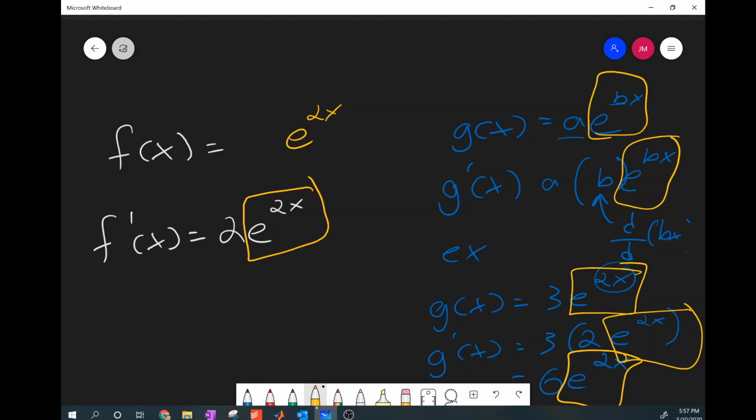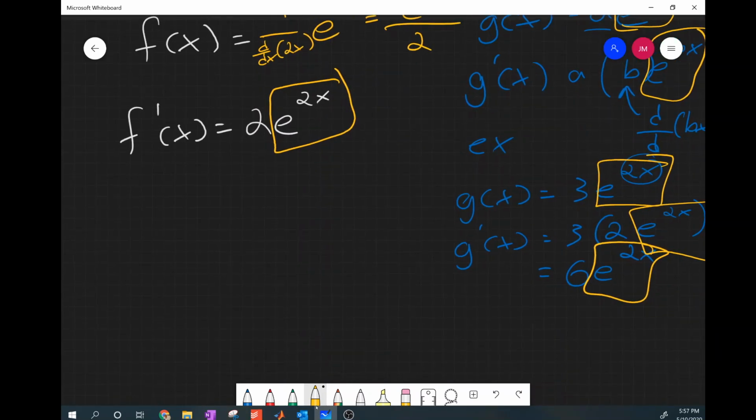But we can see here that before I had to multiply by the derivative of the exponentiated part, now I'm going to have to divide by it. So we're going to divide by the derivative of 2x. And the derivative of 2x is just 2.